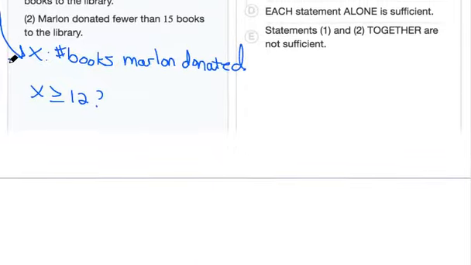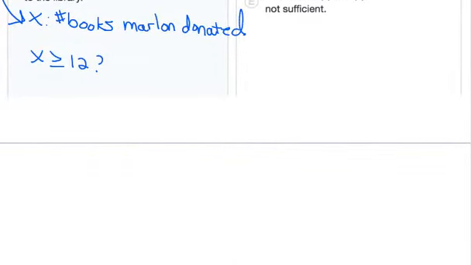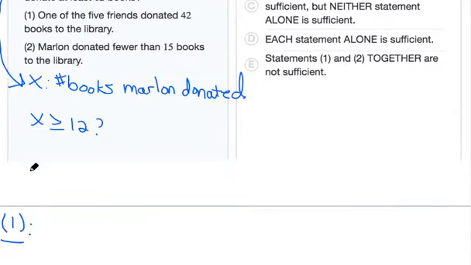We'll look at statement 1 first, and we'll do that down here just to give us a little bit more space. Statement 1 says, one of the 5 friends donated 42 books to the library. This must be the greatest number of books that a friend donated.